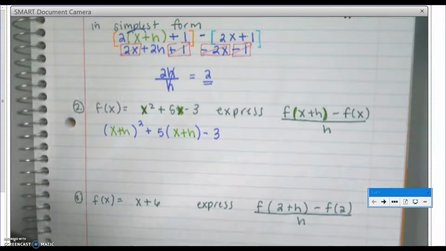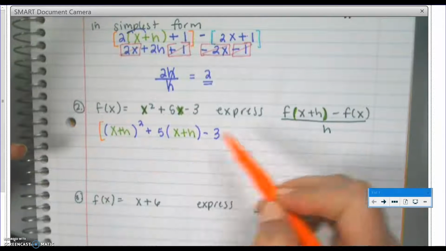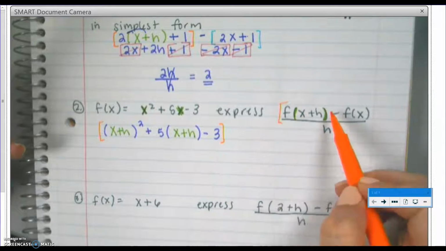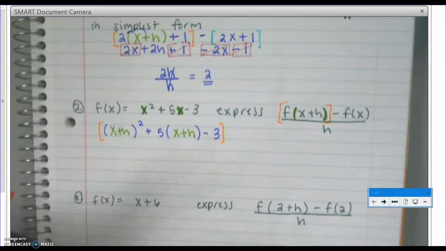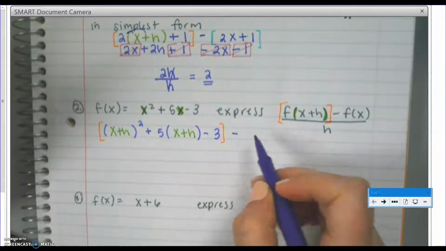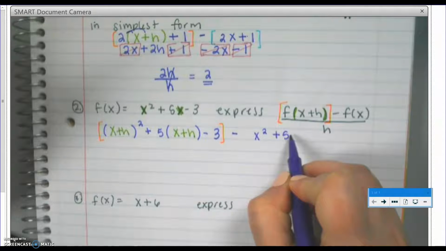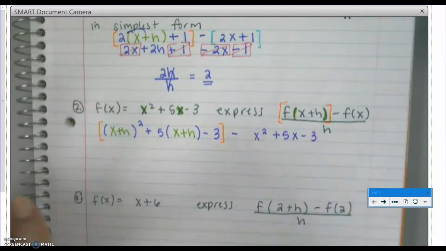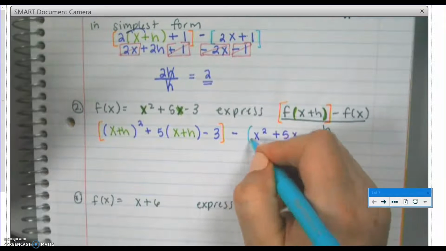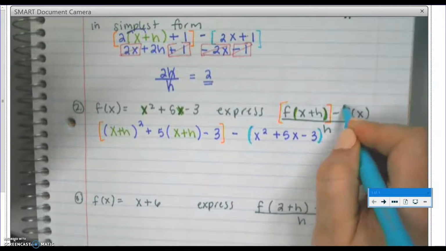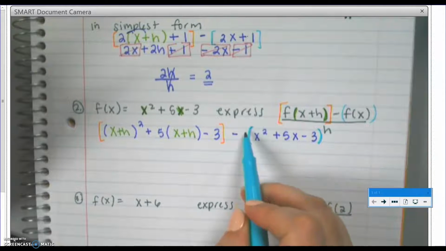So all of that is f of x plus h, minus the original function. And again, that needs to be in parentheses because we're going to have to distribute that negative sign.